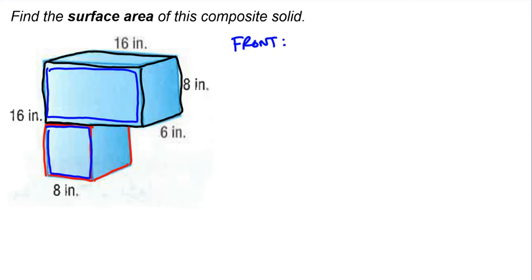So the front, this is 16 by 8. This is also 8. And this is 16 total. This is 8, so that means this is 8 as well. So these are all 8 right here. So this bottom square is an 8 by 8 square and a 16 by 8 rectangle.